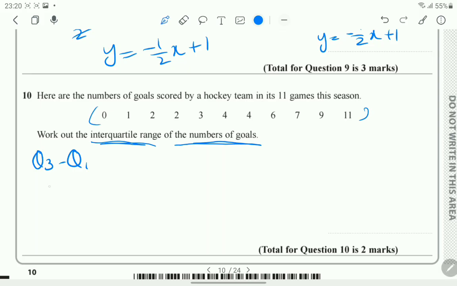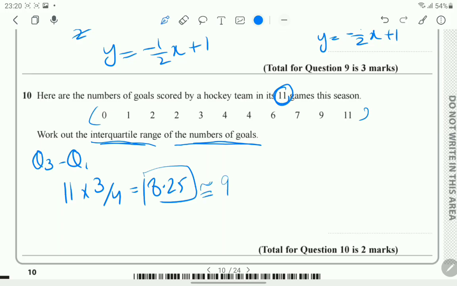So in order to find Q3, we would just multiply this. This is the total size of the data, and we would multiply it with 3 by 4, and it would give us 8.25. Now 8.25 is not a whole number, so we usually round up and find the ninth value in this data set.